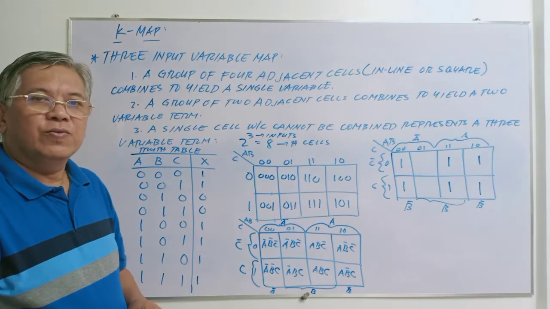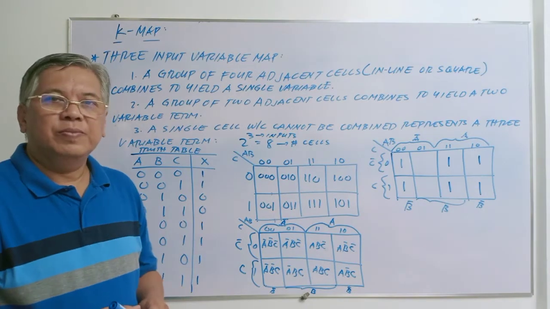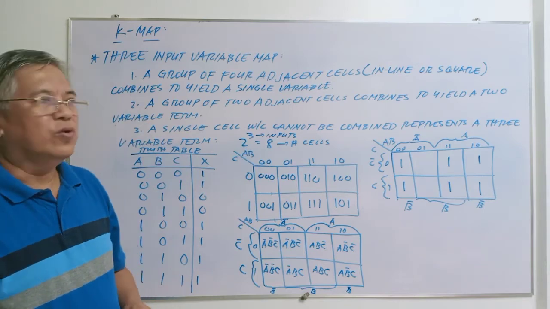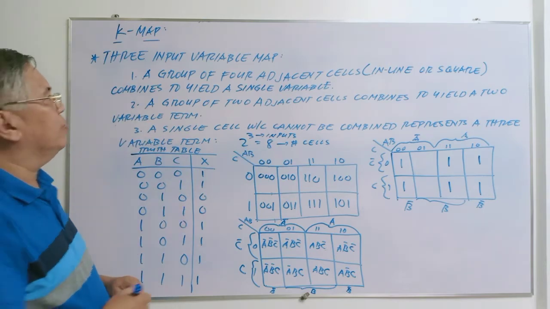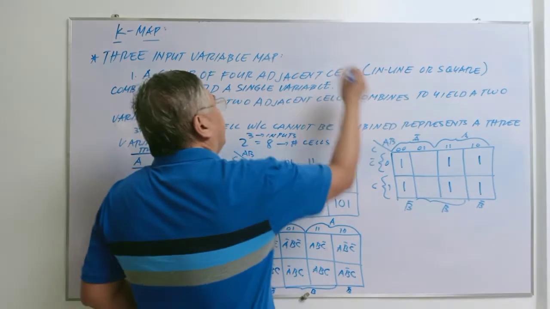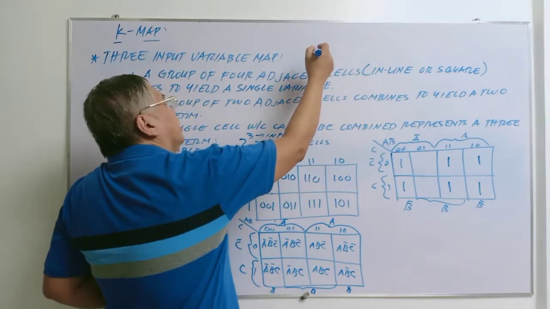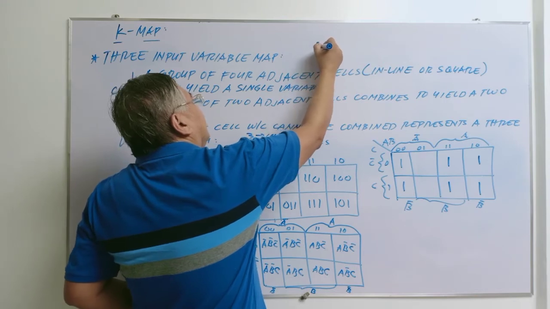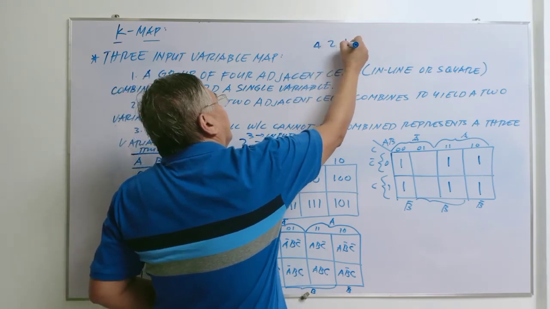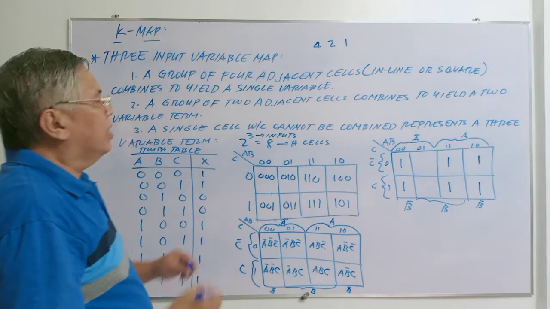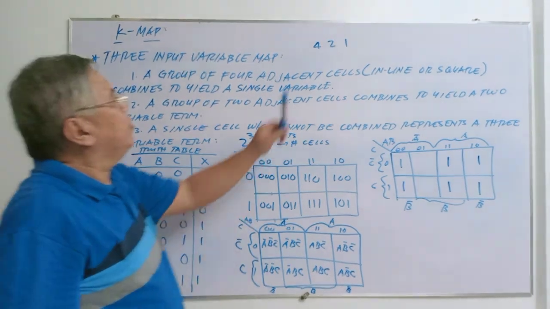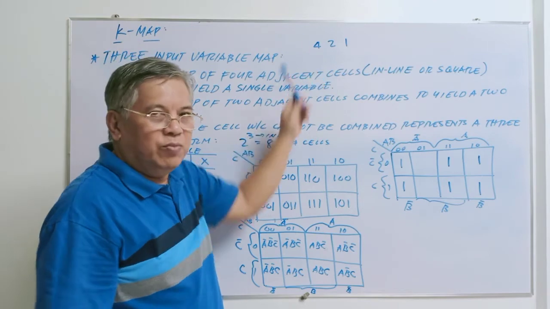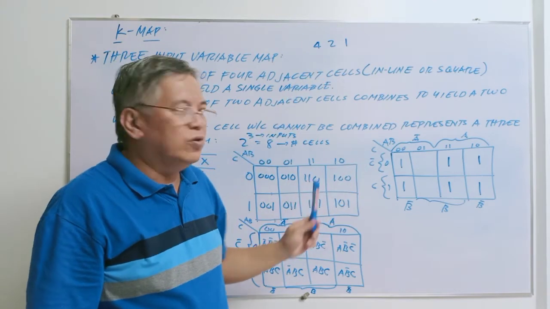Then we group them based on our rule. So what will be our grouping? Since we have 3 inputs, that will be 4, 2, 1. In other words, we have to find first 4 adjacent cells and combine them together into one group.